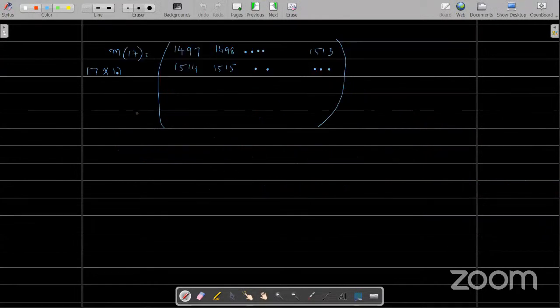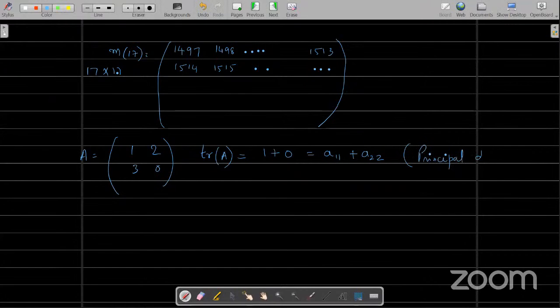So suppose I have a matrix 1, 2, 3, 0, the trace of this matrix A, which I can write as TR of A, is equal to 1 plus 0.